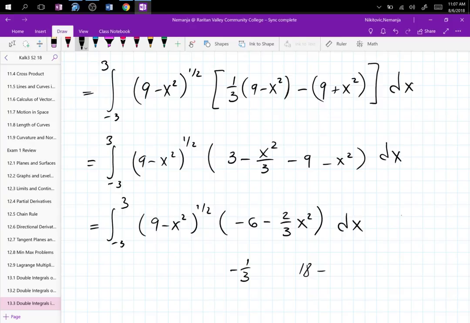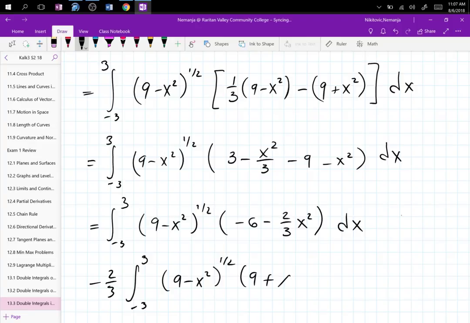Minus 2 plus 2x squared, factor out 2 as well, becomes 9 plus x squared. Okay, 9 plus x squared. So -2/3 in front of the integral, 9 minus x squared to the 1/2, 9 plus x squared.